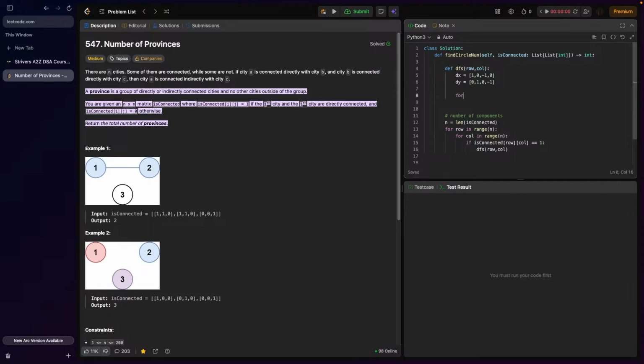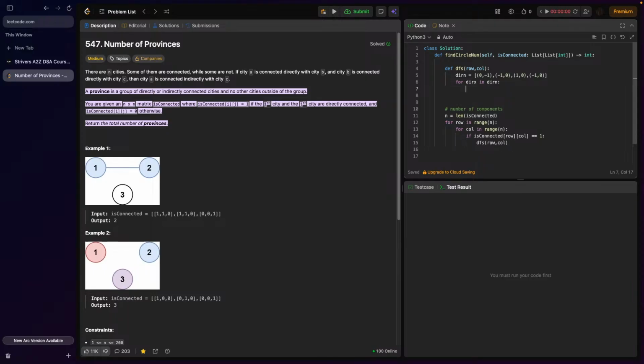Or an even better way to represent this is using 0, minus 1, then minus 1, 0, and then 1, 0. Then you do for each direction in directions.